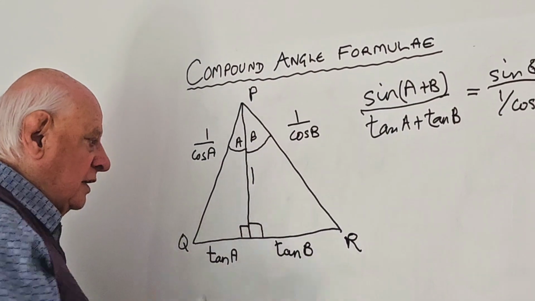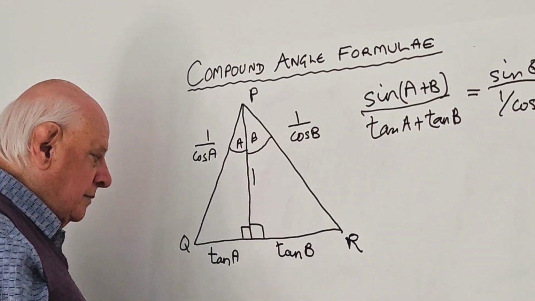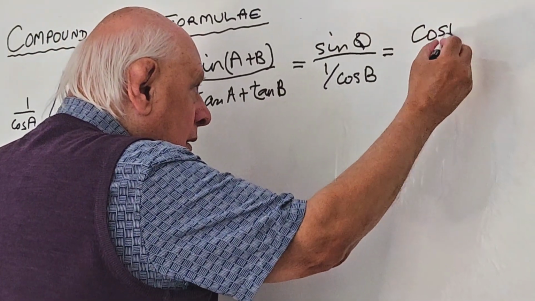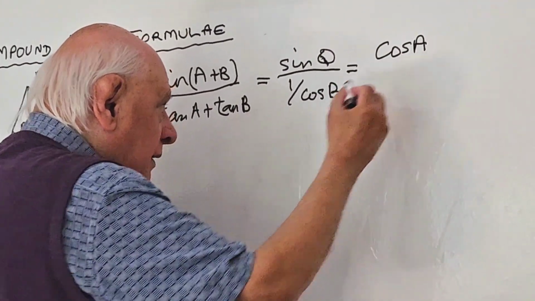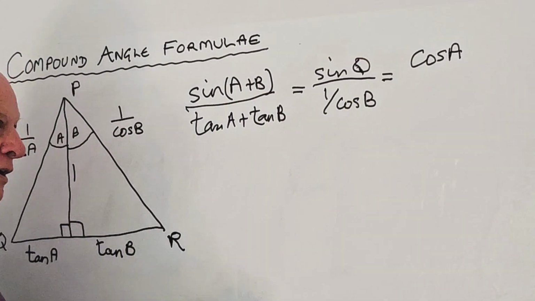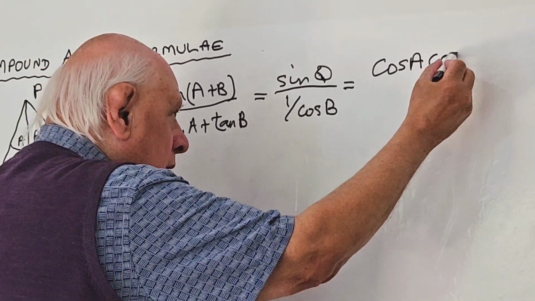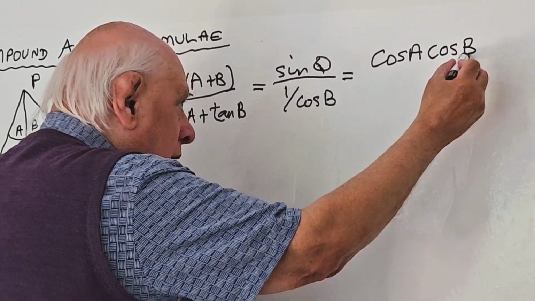So instead of sine Q, I will write cos A. And multiplying top and bottom of this expression here by cos B, I just get that equal to cosine of B.